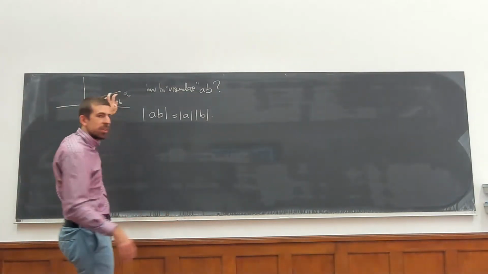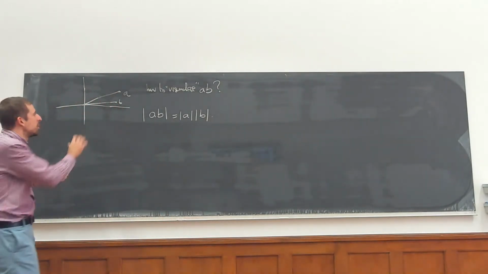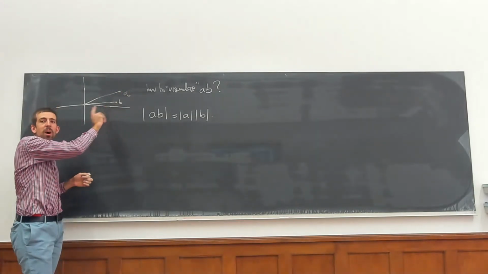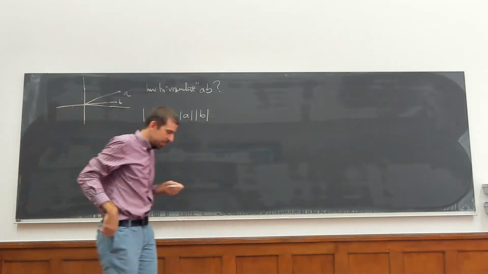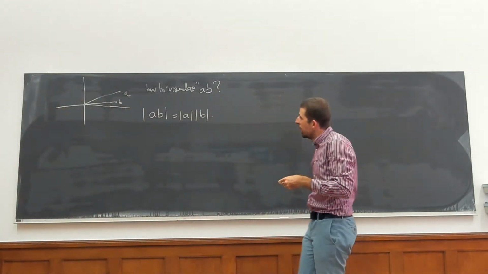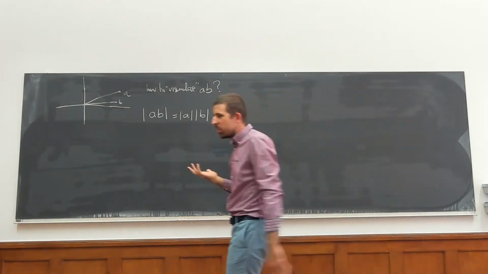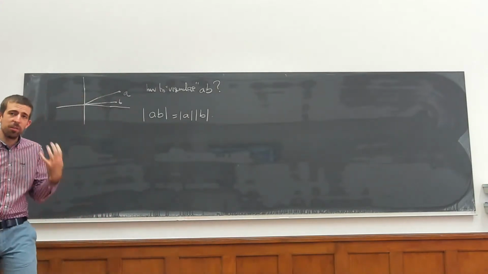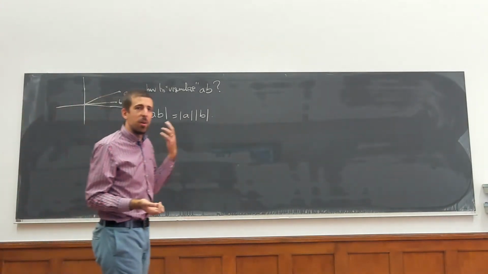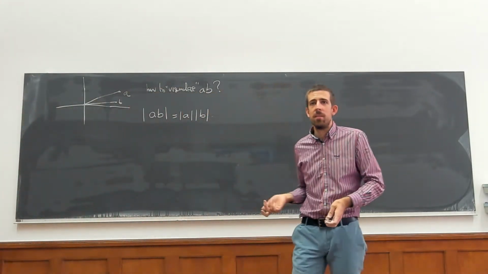In particular, it's not scale invariant, right? If I want to draw this picture, it depends where I put the 1. But it's suggesting that we should think of a number in terms of its norm and something else.